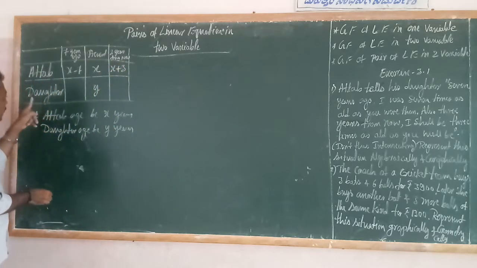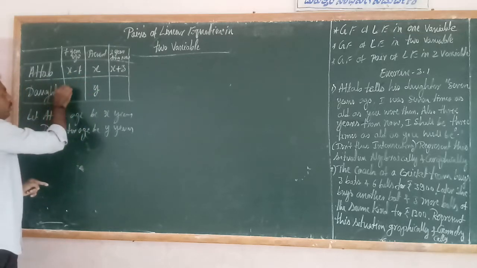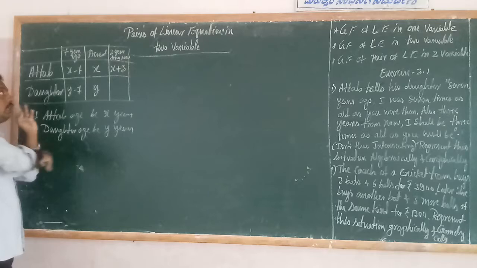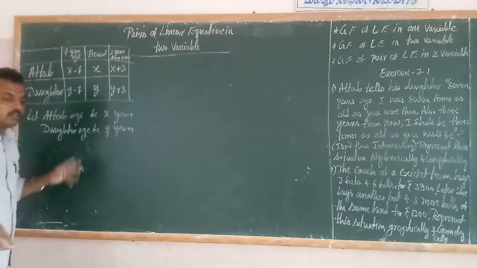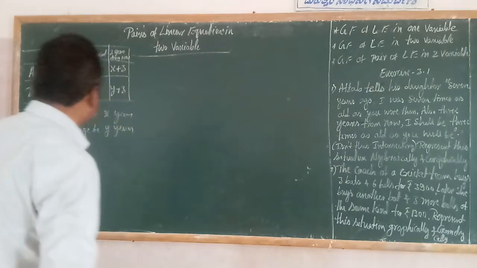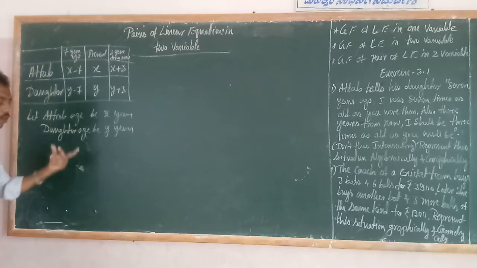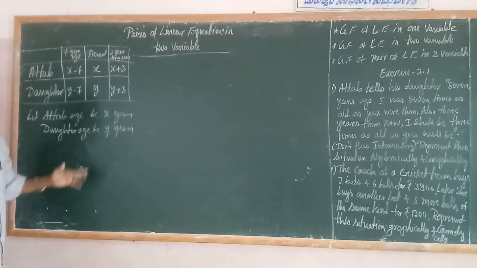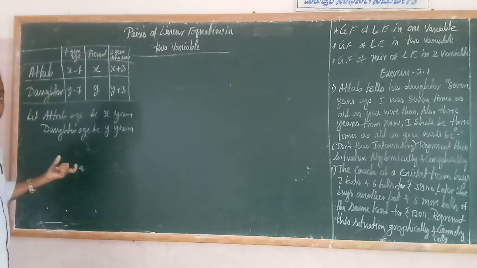Next, the daughter's present age is y. Seven years ago, y minus 7. Three years after, y plus 3, correct? So we have to make this table correctly. If you make this table, you can definitely solve any kind of problem, especially age related problems.